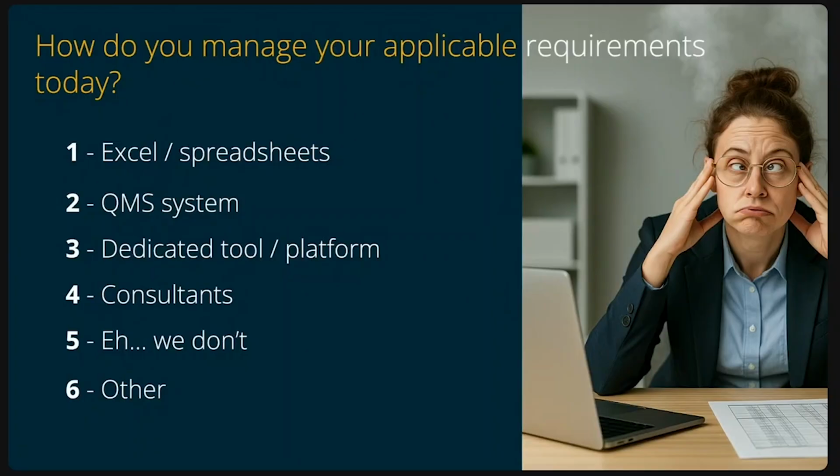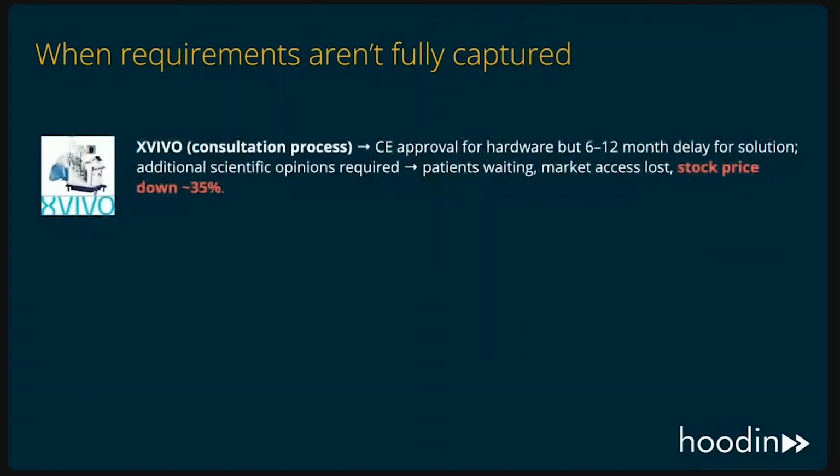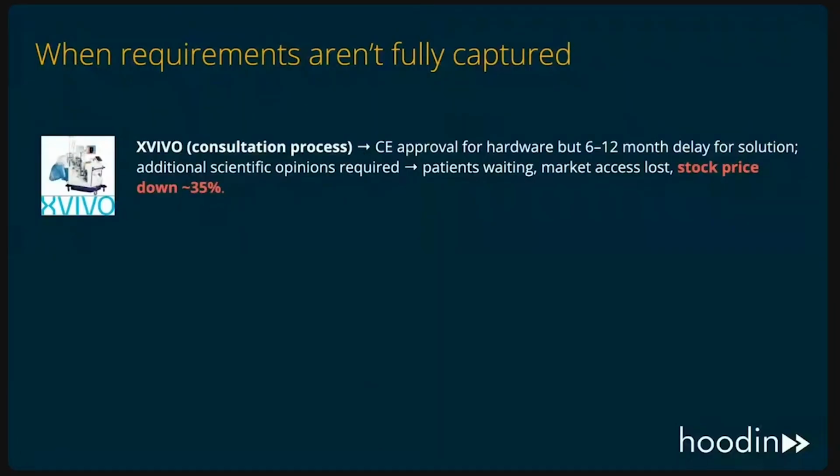Okay, let's move on. So what happens when requirements aren't fully captured? I hope you have not experienced this. I'll give you a few examples. Here we have a situation where a Swedish company, XVivo, had a consultation process, and they wanted to have a CE approval for hardware, but they ran into almost a full year delay, and there was some additional scientific option required.